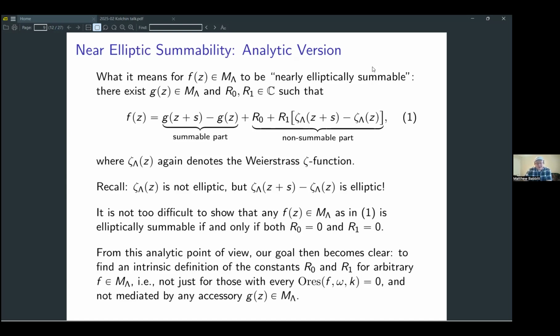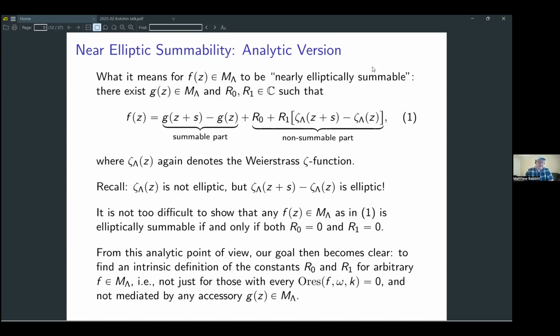It's not that hard to show that if you have this reduction of f, then f is elliptically summable if and only if the remainder, r0 and r1, both vanish. Okay? So what we want to do is find a definition for these constants, kind of like the orbital residues, that lets us determine exactly when they vanish given a function f.